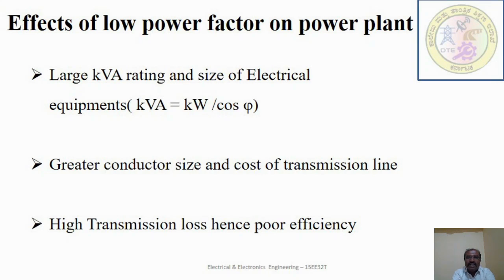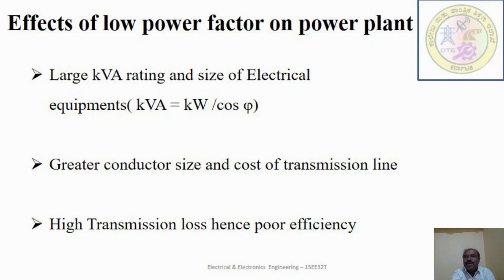Large kVA rating and size of electrical equipment is the major effect of low power factor. We know the formula kVA is equal to kilowatt divided by cos phi. Machines are not rated in only kilowatts while manufacturing because the power factor of the supply will be unknown. Instead, they are rated in kVA.